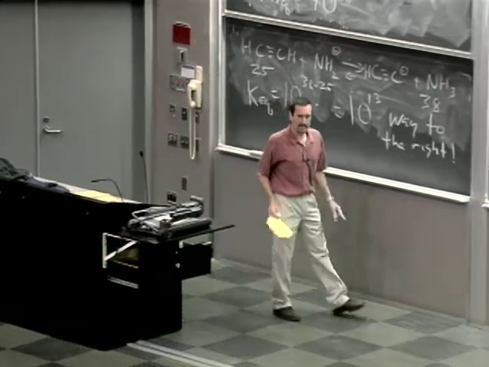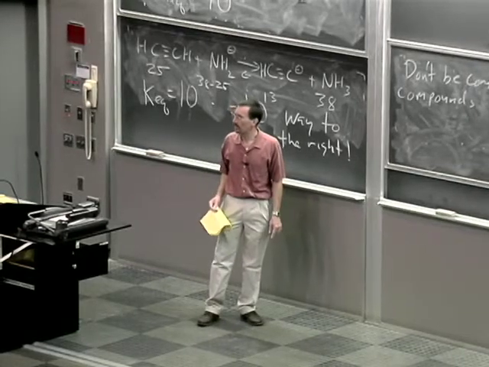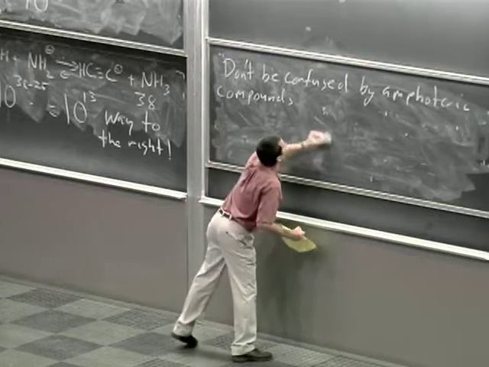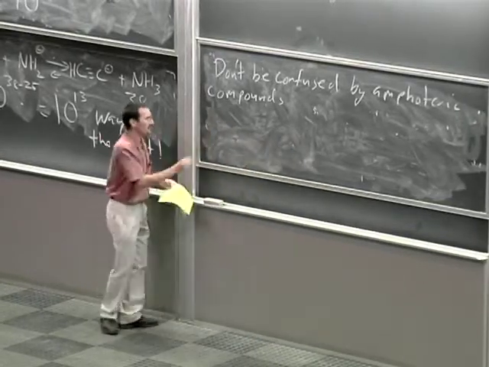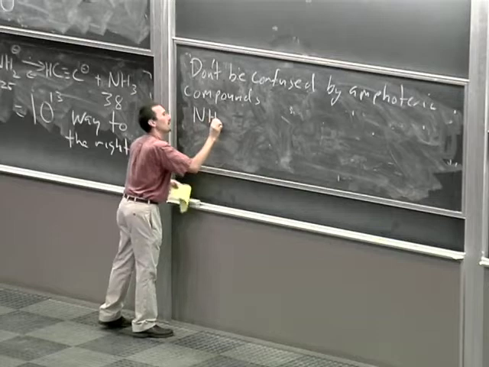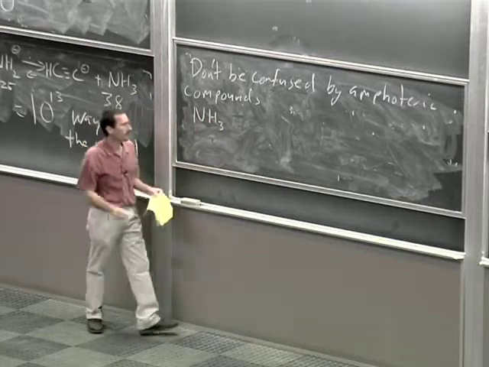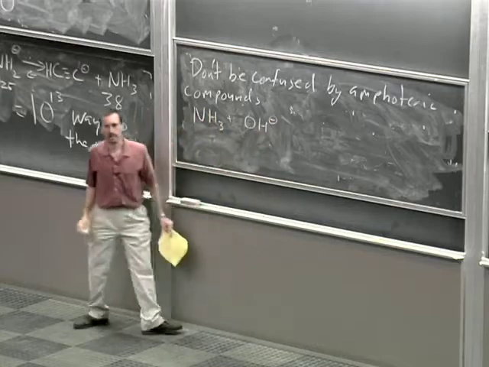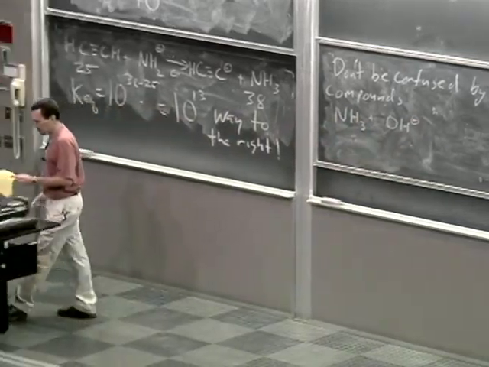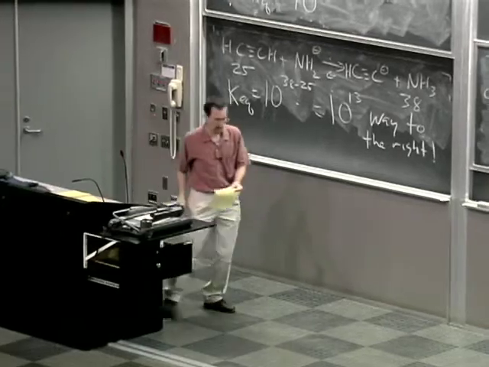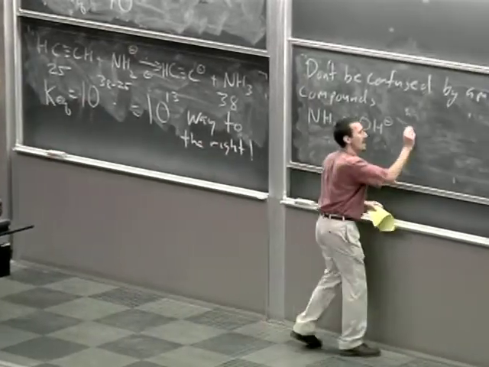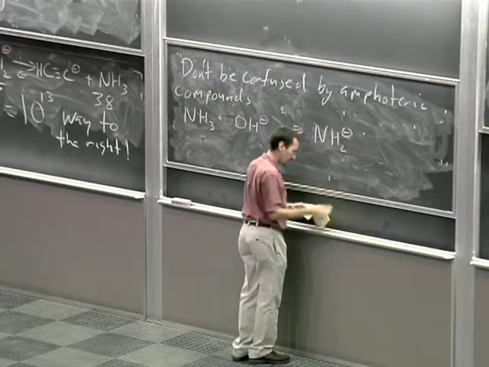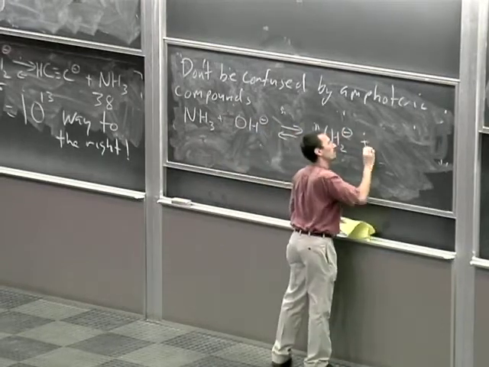So it's worth taking a moment to actually think about how a compound is acting. Let's take a specific example. Ammonia and hydroxide anion can be in equilibrium with amide anion and water.